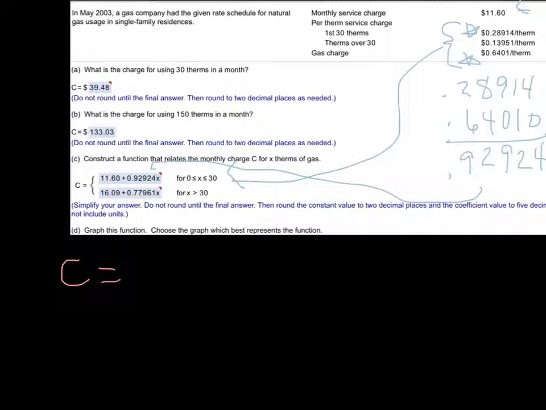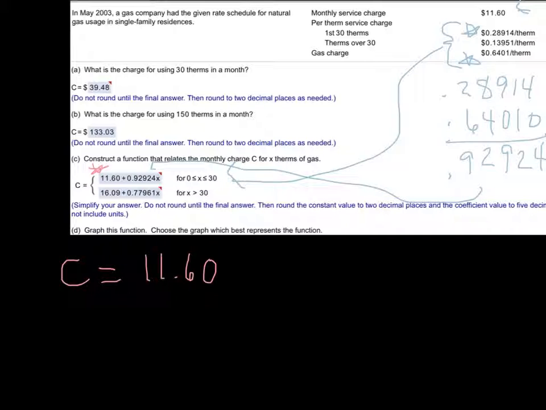Just like in the first one, our fixed cost, we still have that monthly service charge of $11.60. Does everyone agree? Let me circle it. This first one, we had $11.60. That is our fixed cost. And then we're going to add our variable cost, just like we did before.